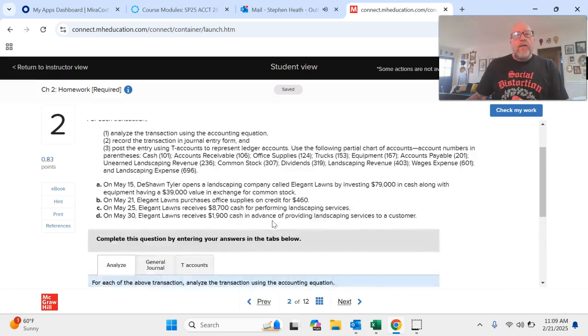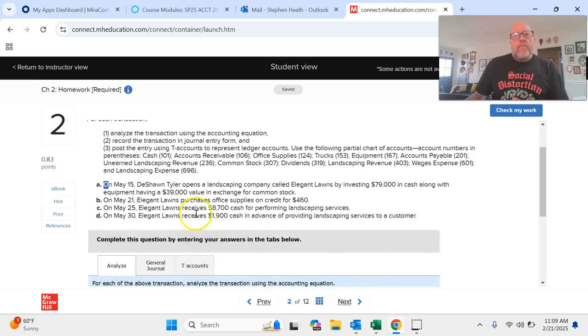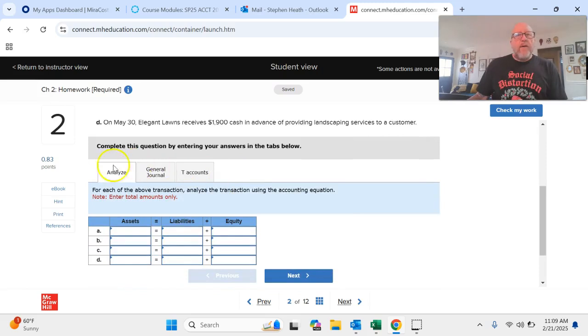Question 2 is asking us to observe all of these transactions. The first transaction is on May 15th. We have three things that we need to do. We need to take transaction A and talk about its impact to the accounting equation.